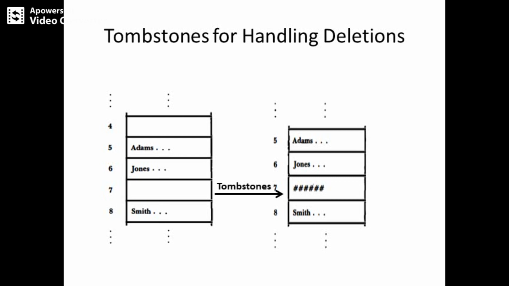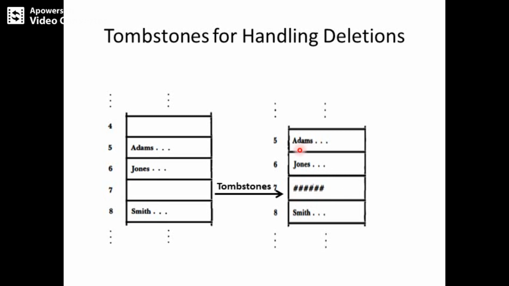So let us take an example now. As we have deleted Morris from this position, it is empty now. So what I am going to do is put a tombstone in that position. I have taken the hash symbol and put hash symbols in the 7th position. Now when you search for Smith, what will happen?